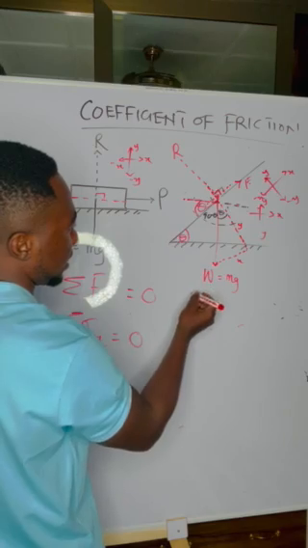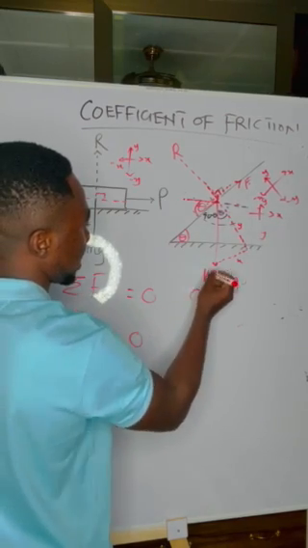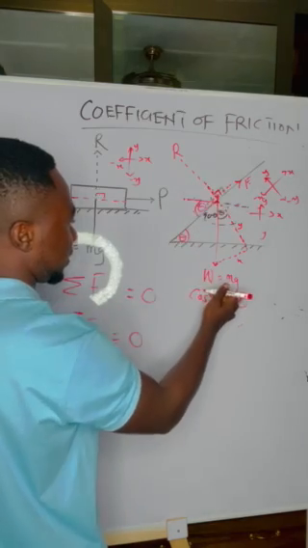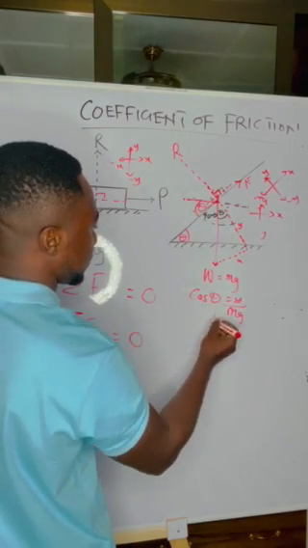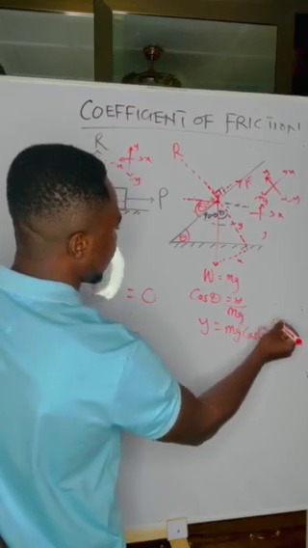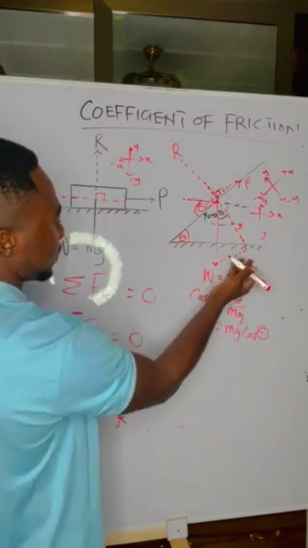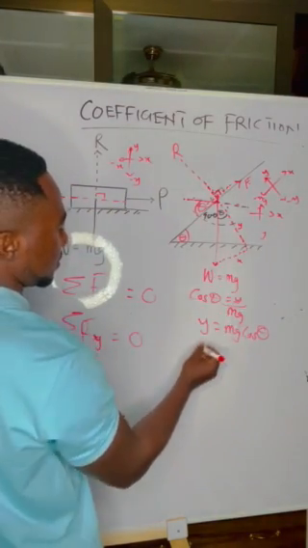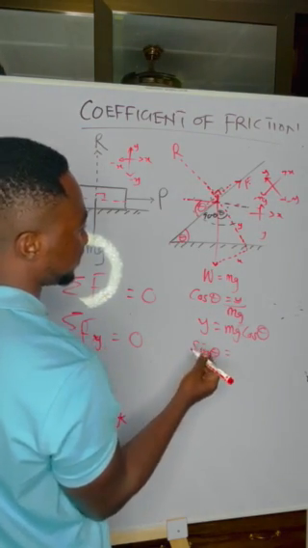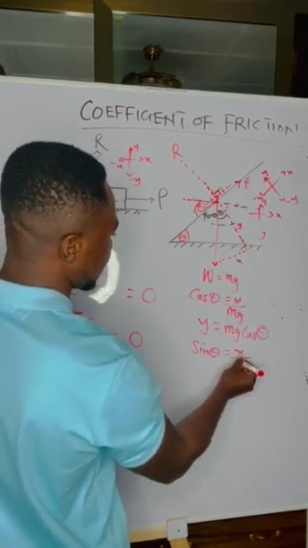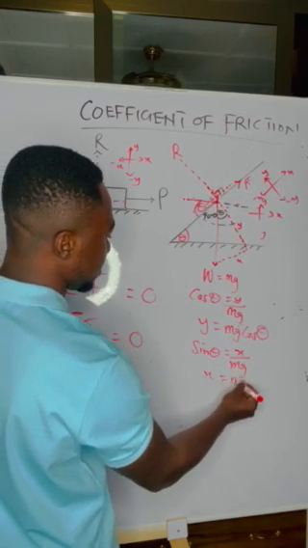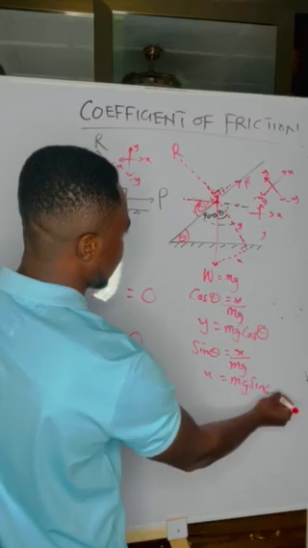To find y, adjacent, so cos the angle theta, cos theta equals y over the hypotenuse, which is mg. We have y equal to mg cos theta. x becomes the opposite, so sin theta equal to the opposite x over the hypotenuse mg. So x equal to mg sin theta. Okay.